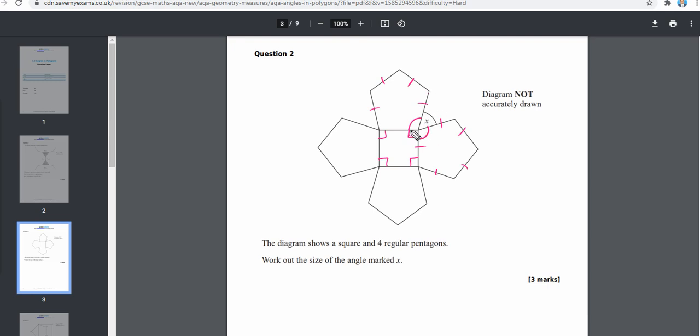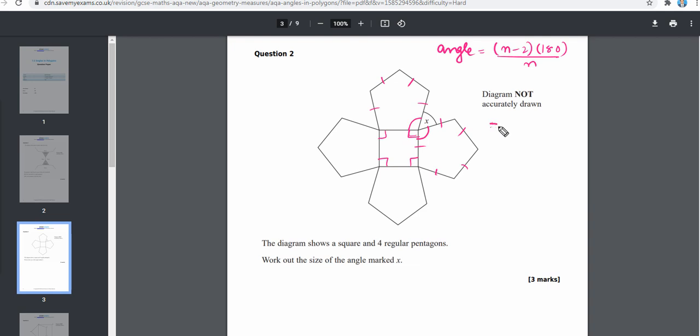Alright, so this angle will be equal to, I'll write it here, angle equals (n minus 2) times 180 divided by n. The number of sides in this regular pentagon is 5, so n will be equal to 5.